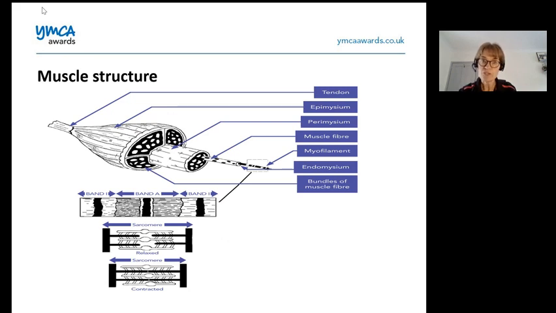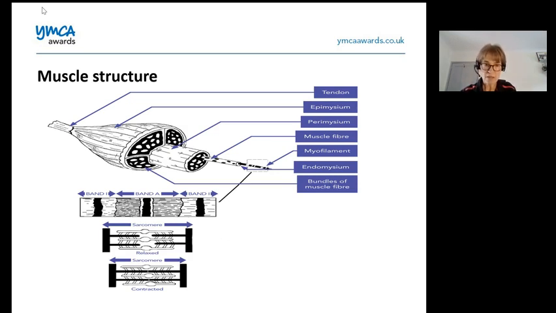So then we've got the muscle fiber itself, which is made up of many individual myofibrils. So a myofibril is made up itself of many different myofilaments. So they're these layers from the muscle fiber to myofibrils, and the myofibrils are made up of the myofilaments, which are the actin and myosin proteins.